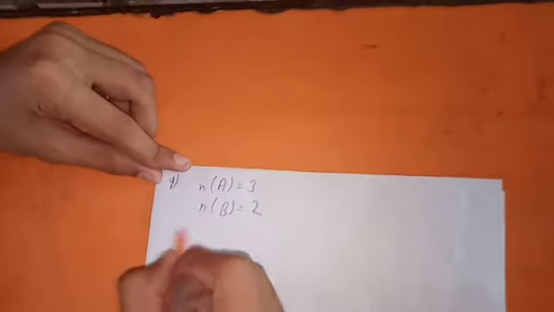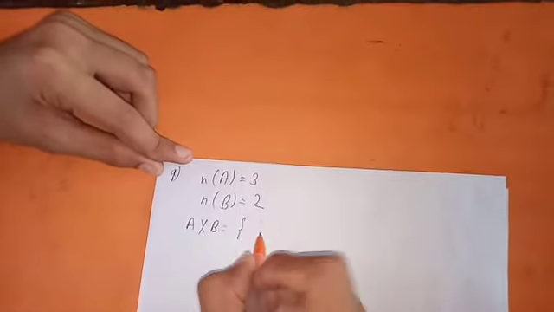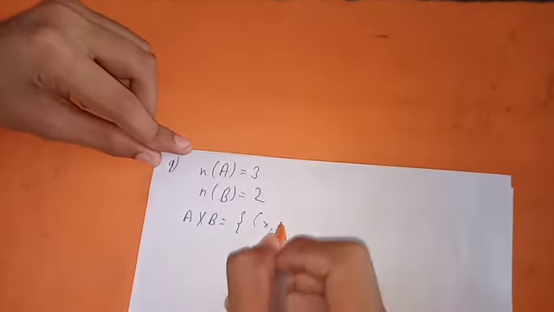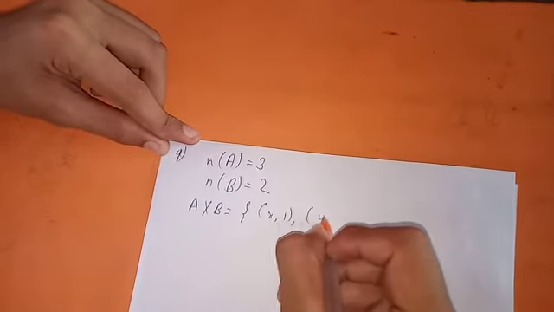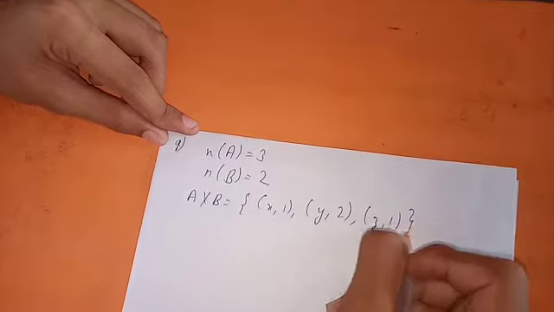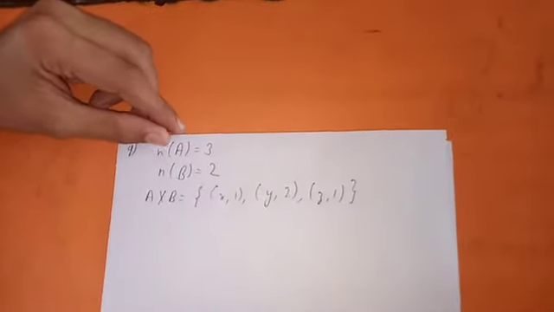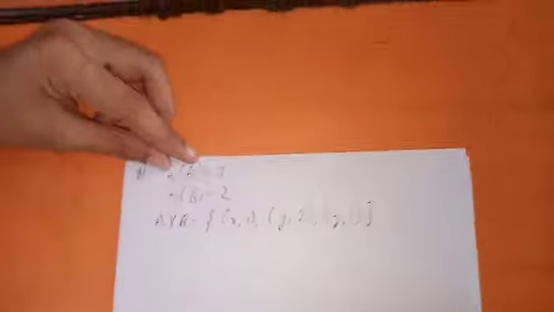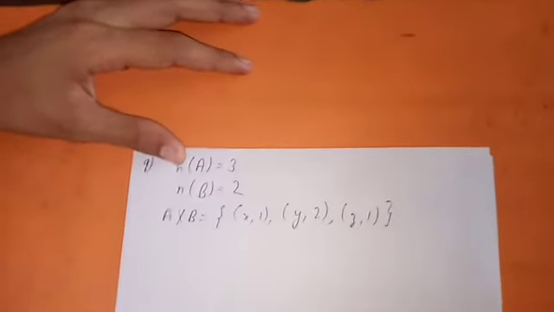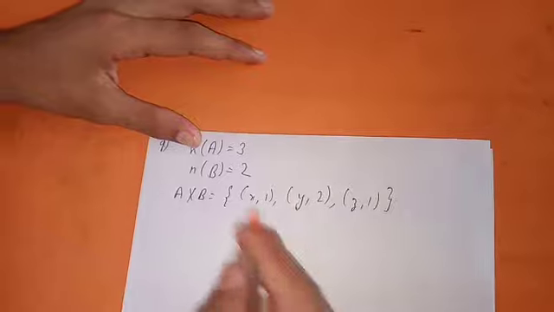A cross B is also given to us, that is {(x, 1), (y, 2), (z, 1)}. Now we have to find A and B, where x, y, z are distinct elements. So these all three are different.